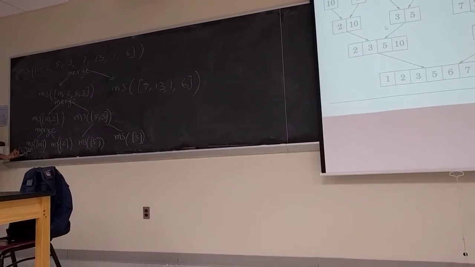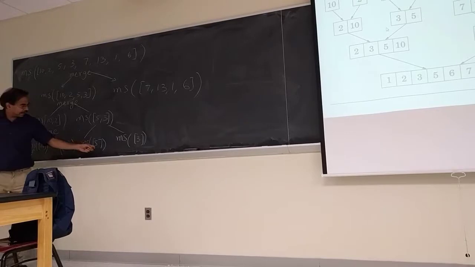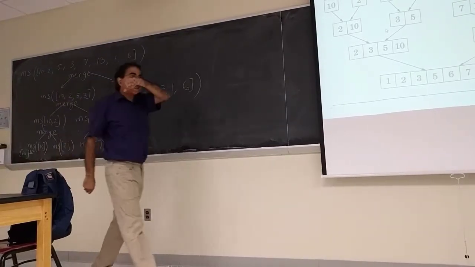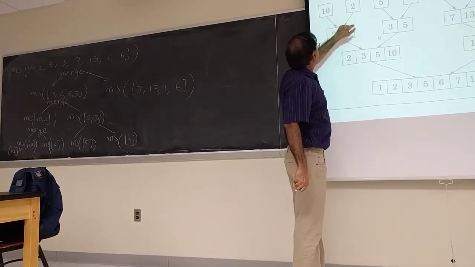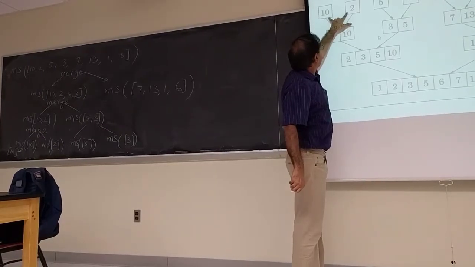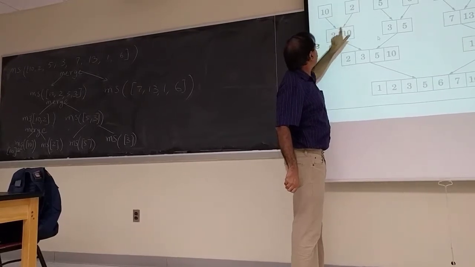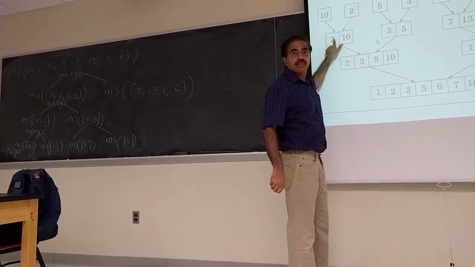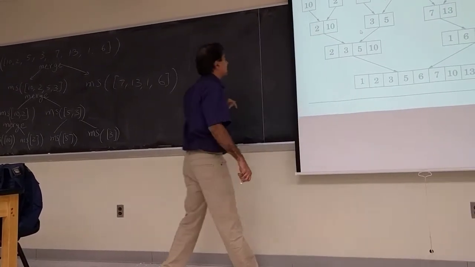So we're going to merge the array 10 and array 2, and 5 and 3, and so on. We merge these two, and if you go through the body of merge, it compares the first two elements, and this happens to be smaller, so it's going to output that element. And after outputting that element, it's going to call itself recursively.